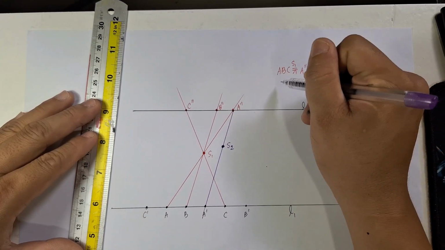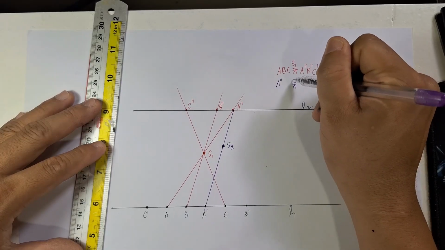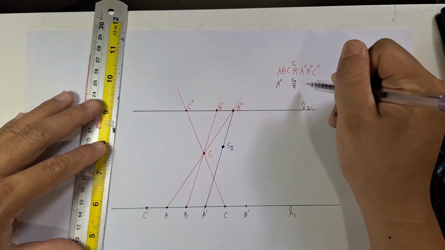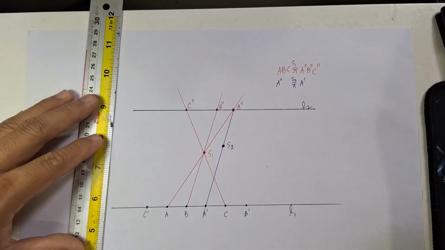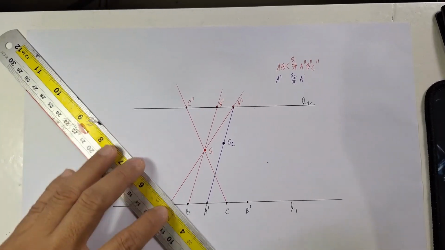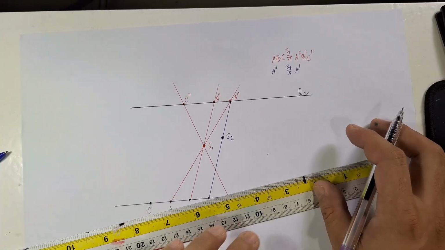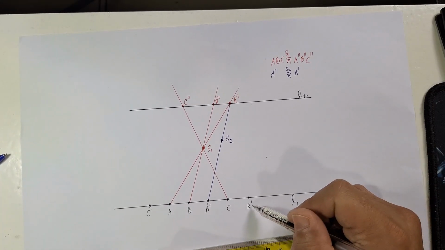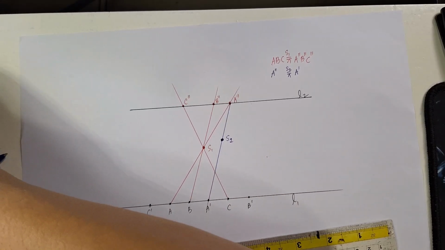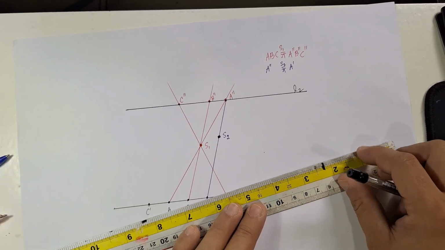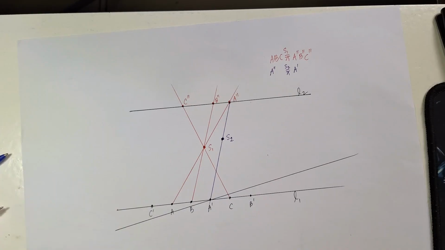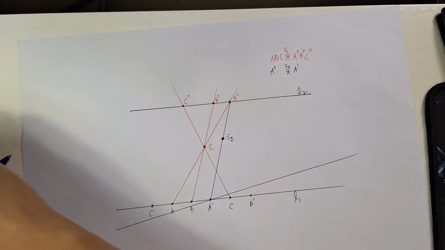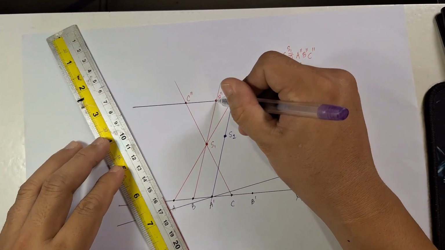So we have A double prime perspective with center S2 with A prime. And then identify a line through A prime not containing B prime and C prime, and we will have the perspectives of C double prime and B double prime on that line.